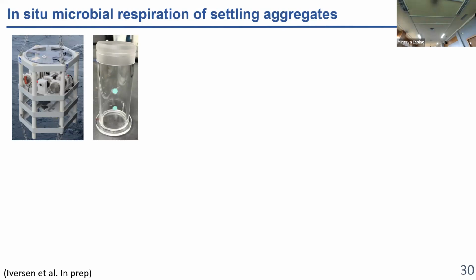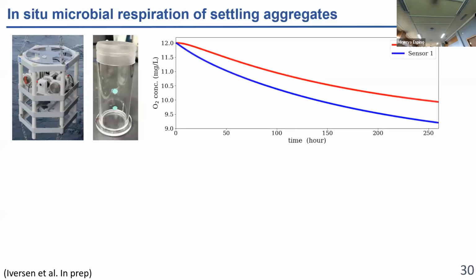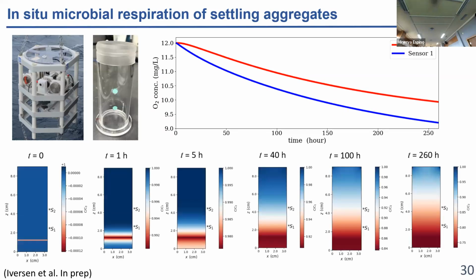And we are hoping, based on the gradient in the oxygen concentration in the free water, we can calculate what the respiration is. We've done some laboratory tests and can see that it takes a little longer than we thought to reach steady state. So there's something we need to look into. At the moment, we're trying to model it and see if maybe we need to make the chamber much smaller than it is.